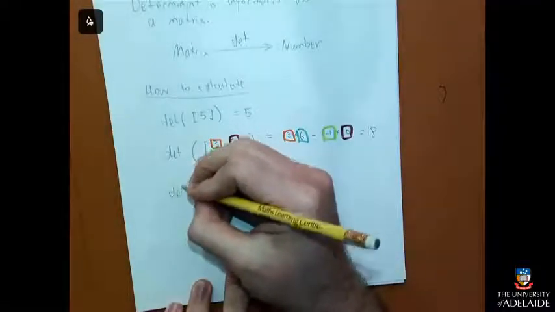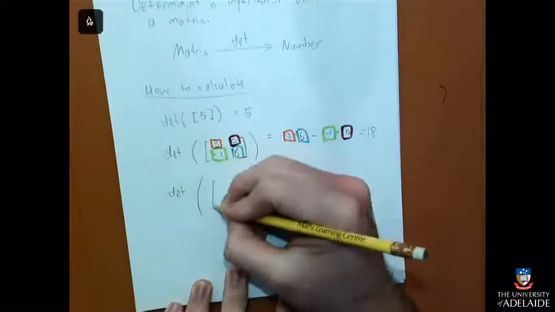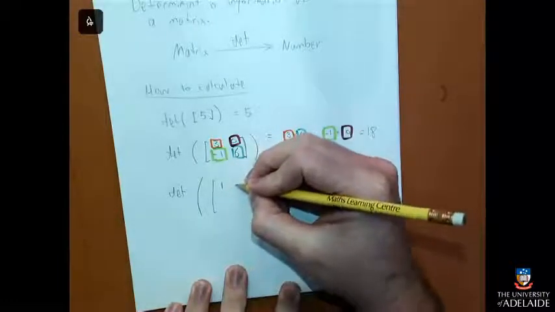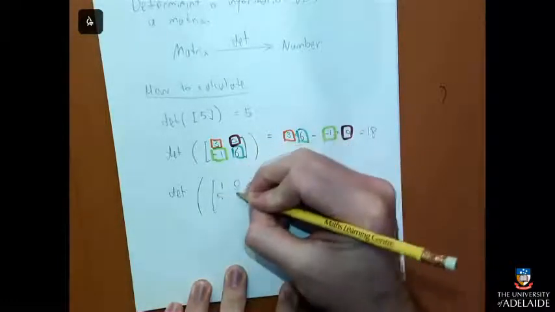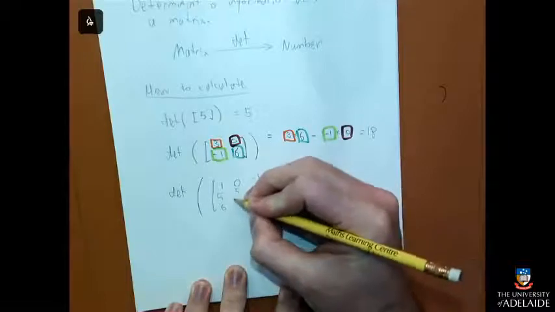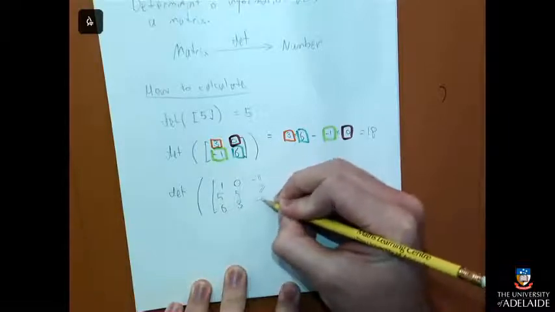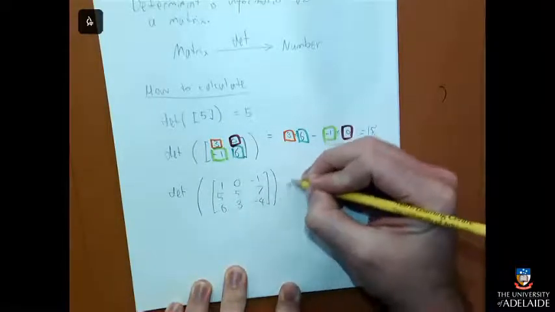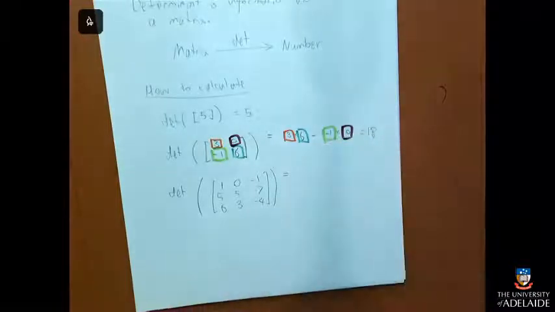So the determinant of a 3 by 3 matrix is made by doing smaller determinants, but made out of the bits of the matrix that's there.